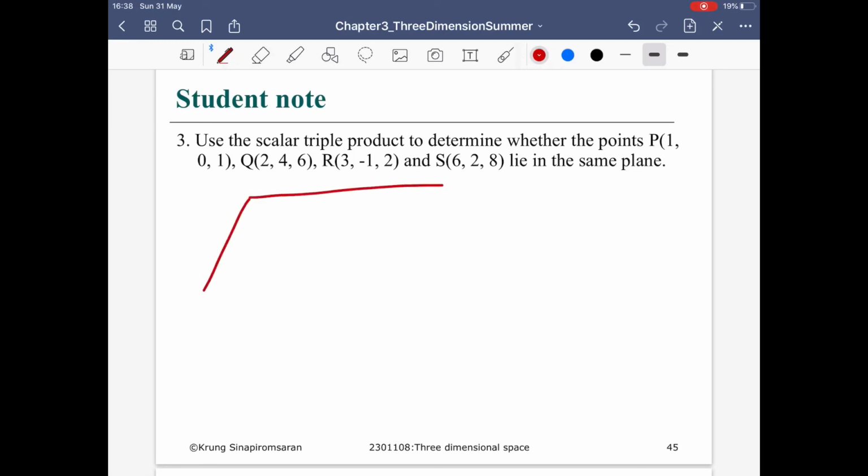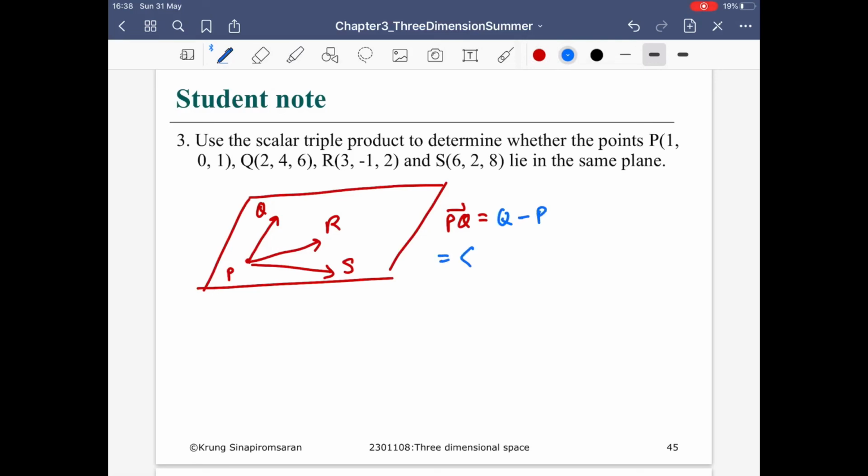So just think of everything as originating from P, and then your P goes to Q, your P goes to R, and your P goes to S. Okay, so what we need to find is PQ, which is Q minus P. So your Q is 2 and 1, 4 and 0, 6 and 1, or it is 1, 4, 5.